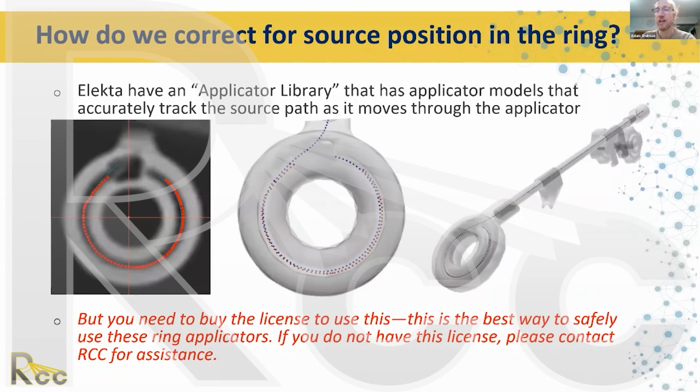So I've convinced Elekta in the past to give users this model for ring files because it becomes a safety issue. So if you don't have the license for your rings, ask the vendor to provide them for you. If the vendor doesn't give them to you, you can ask RCC for assistance and maybe we can convince them to give you the model files at least for your ring applicators.